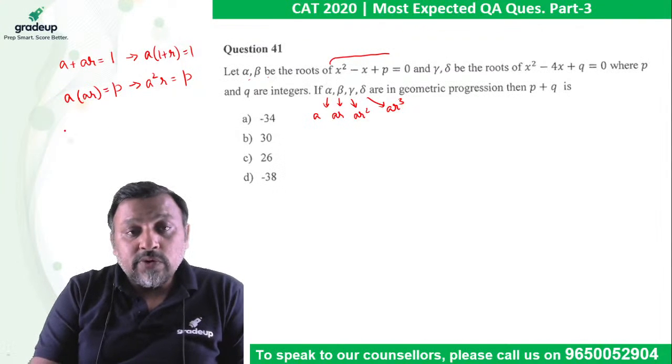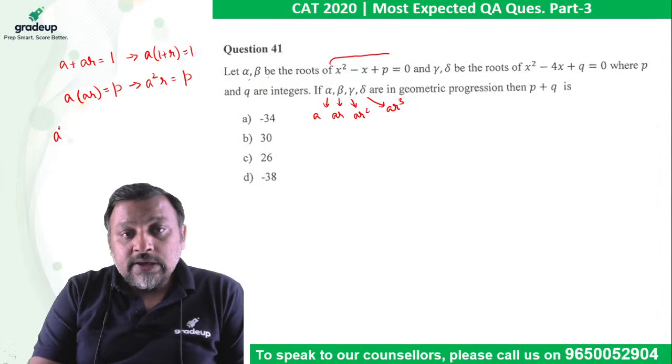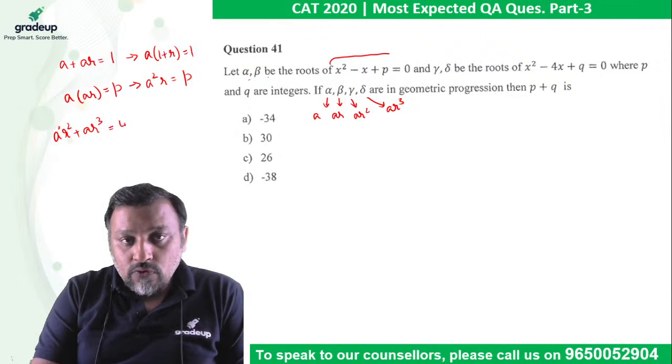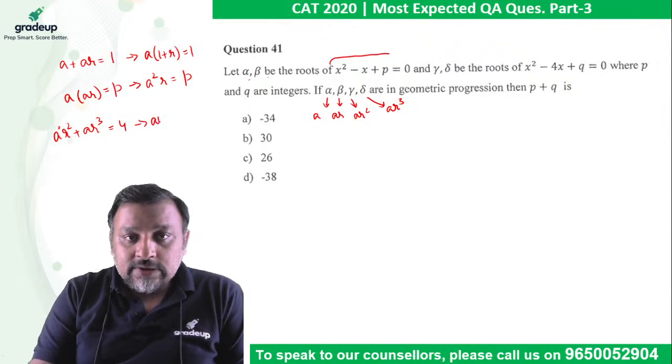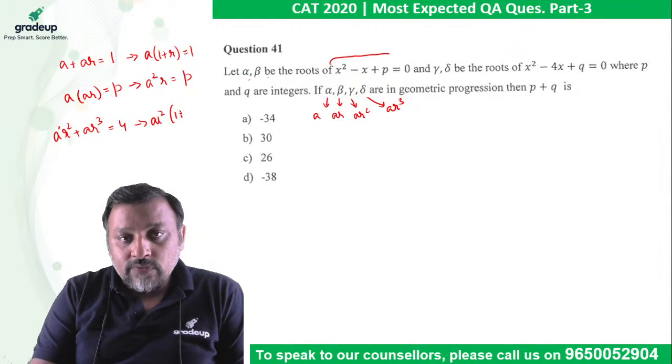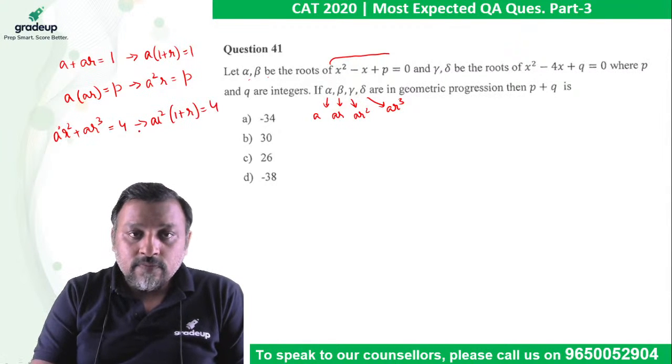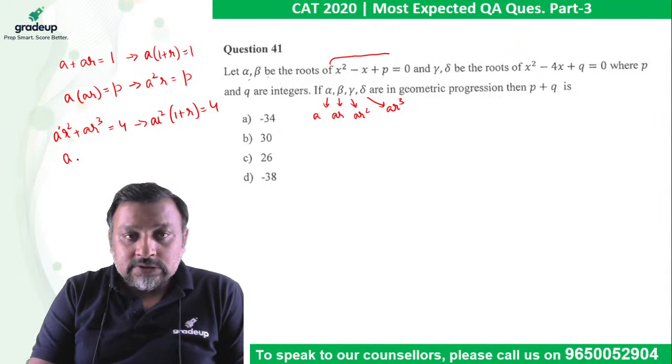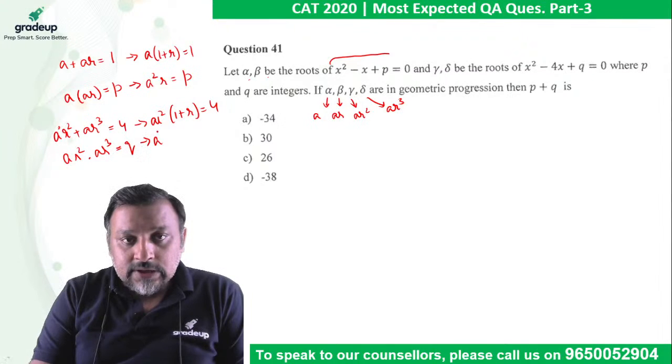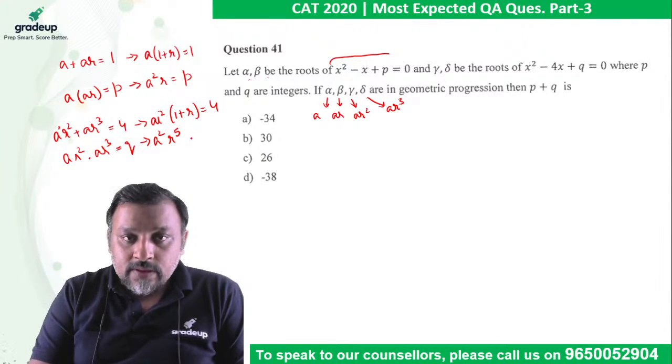From the second equation what you'll get is ar square plus ar cube is 4. So if I take ar square common, I'll get 1 plus r, which is 4, and the product, which is ar square into ar cube, is q. That means a square r raised to the power 5 is q.